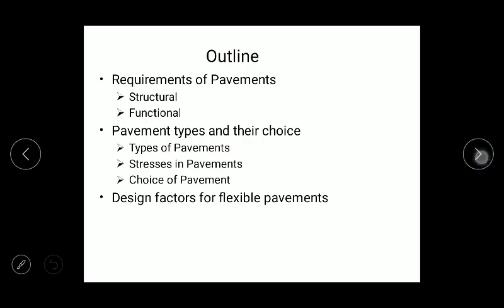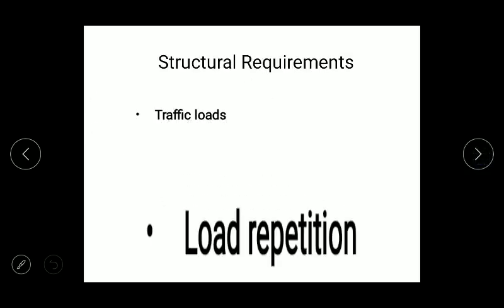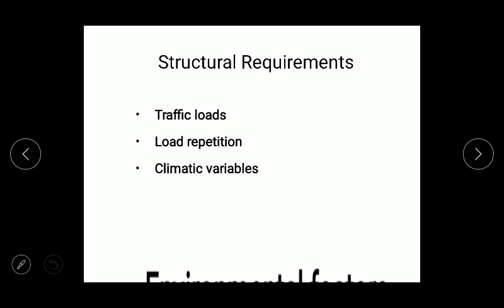So coming to the next slide, what are the structural requirements and why do we need to consider them in a pavement? A pavement is nothing but any structure which is laid so that road vehicles can move freely. The total thickness of the pavement and the thickness of the individual pavement layers should be sufficient to withstand the heavy traffic loads and the repetition of wheel loads of different magnitudes.